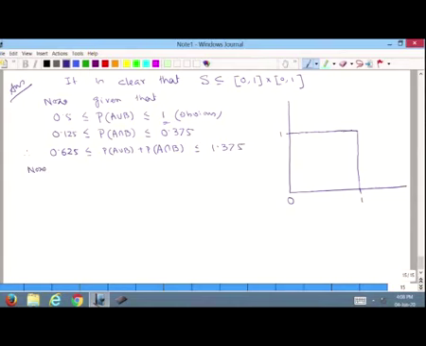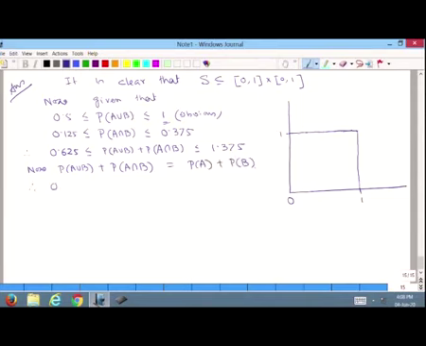Now, P(A ∪ B) + P(A ∩ B) is equal to P(A) + P(B).